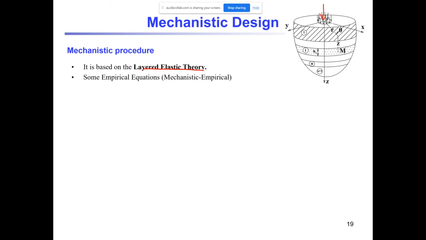So the theory that we are using to determine the strain here is the extension of the Boussinesq theory. In Boussinesq theory, we were dealing with one layer of material, a uniform, homogeneous material, but the extension is for a layered medium.